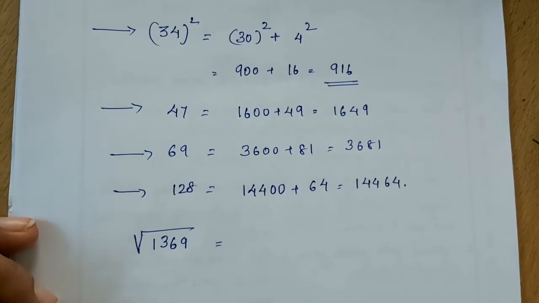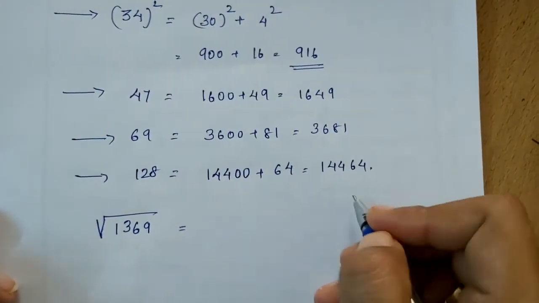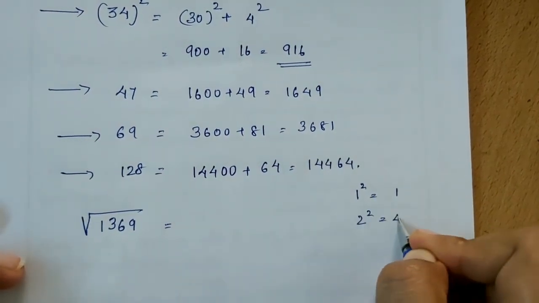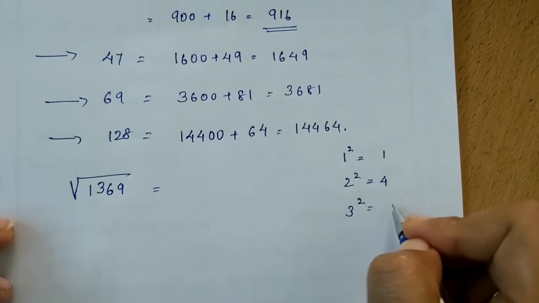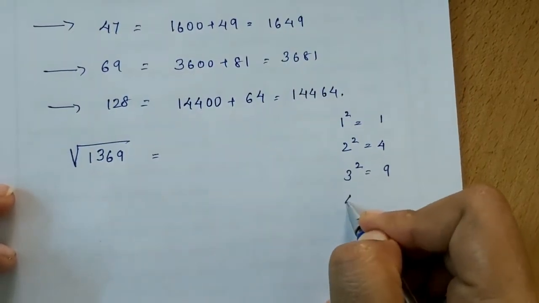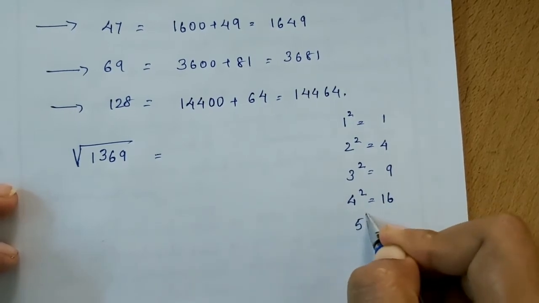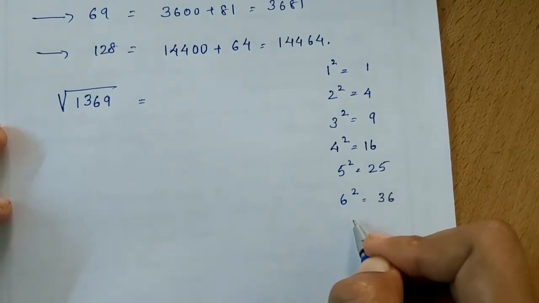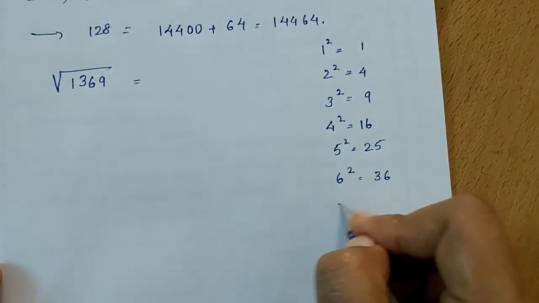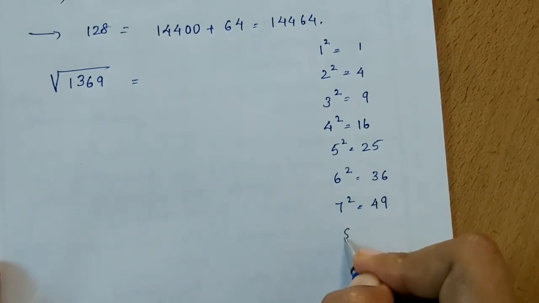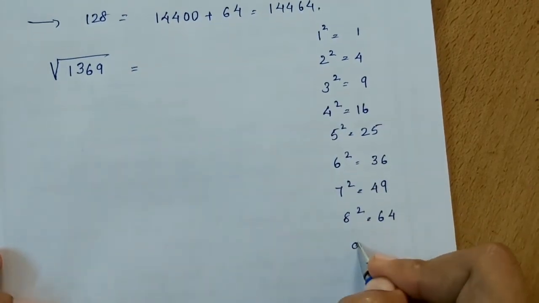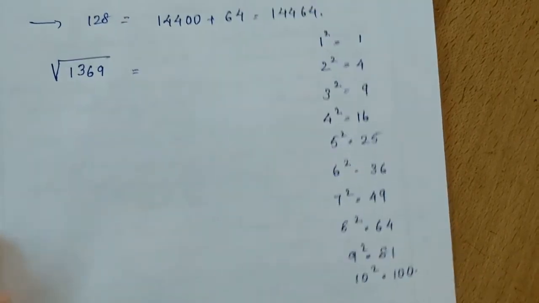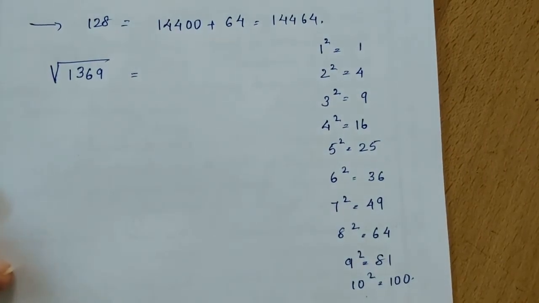Before that, we have to know the squares: 1 square is 1, 2 square 4, 3 square 9, 4 square 16, 5 square 25, 6 square 36, 7 square 49, 8 square 64, 9 square 81, and 10 square is equal to 100. We know the squares of these numbers.